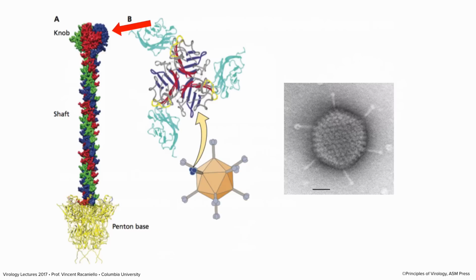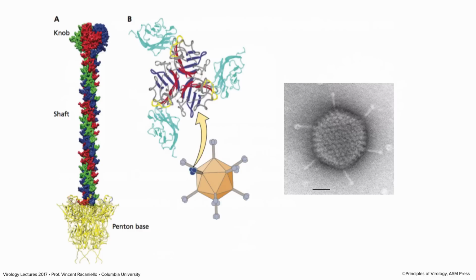In fact, that is what is shown at the top part here in panel B. We're showing residues of the knob in blue and red and yellow contacting the receptor protein in light blue behind. So this virus doesn't attach by having its capsid contact the receptor directly, but rather through a fiber that's sticking somewhat away from the virus surface. So those are 3 ways that icosahedral viruses can attach to cell receptors.